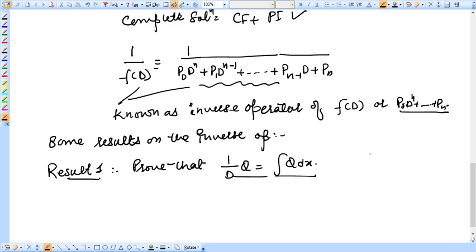I mean to say, if 1 by D is given, it is nothing but integration. 1 by D is simple. If D is the operator, D means d by dx. So we know the inverse operator of differentiation is integration. But we will be proving this result in some other way.